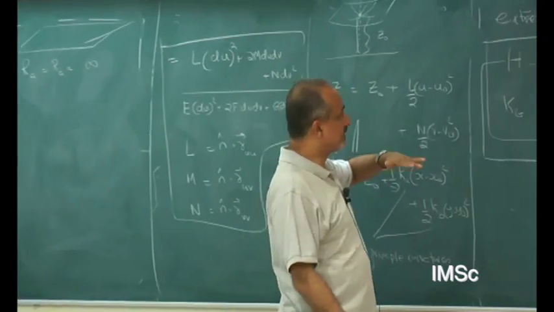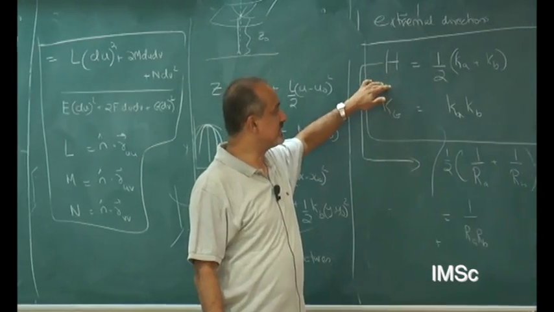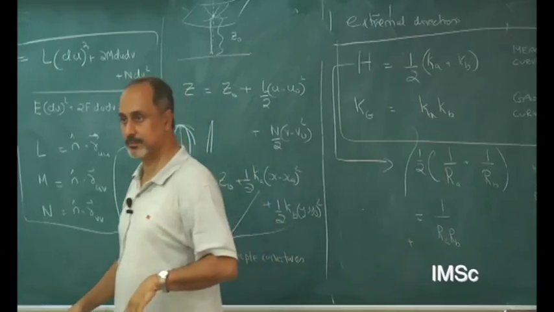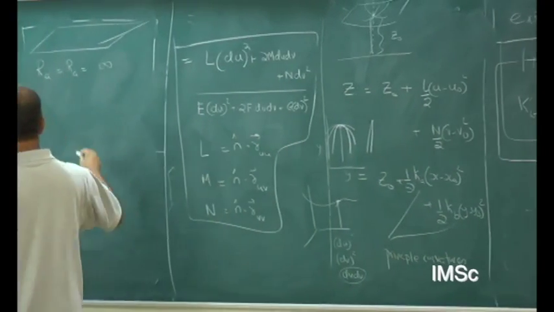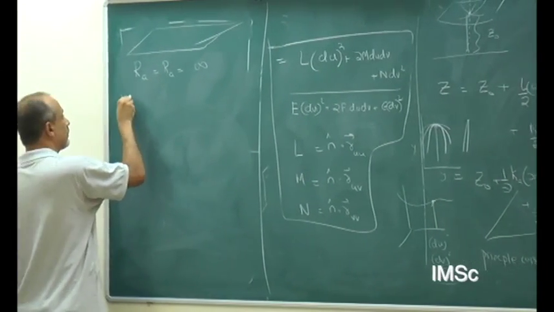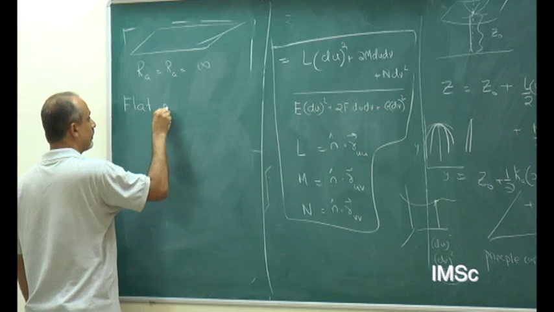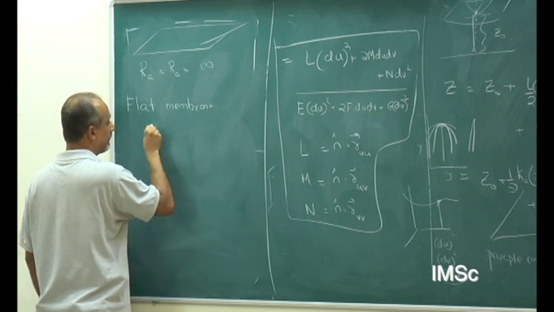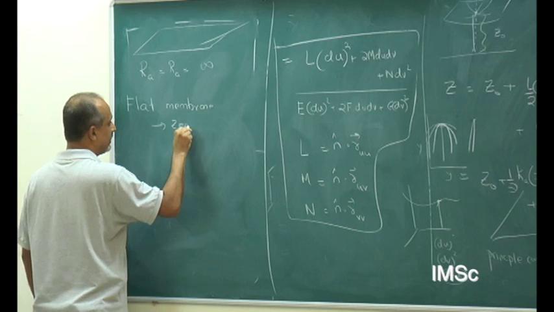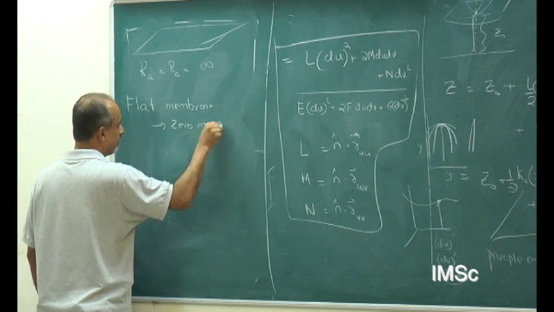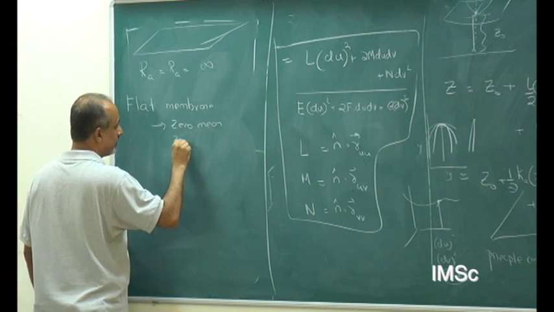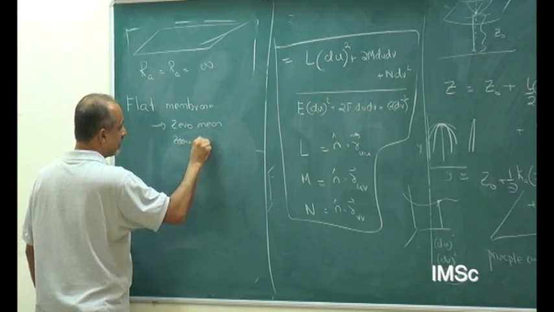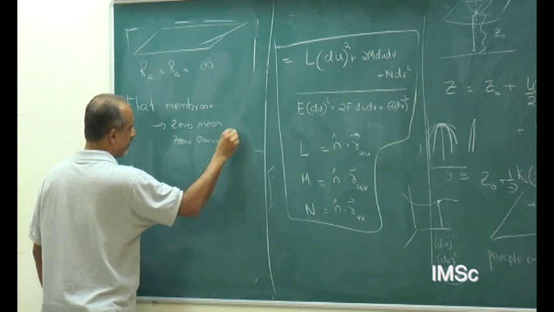So the completely flat sheet has 0 mean curvature and 0 Gaussian curvature. The flat membrane has 0 mean and 0 Gaussian curvature.